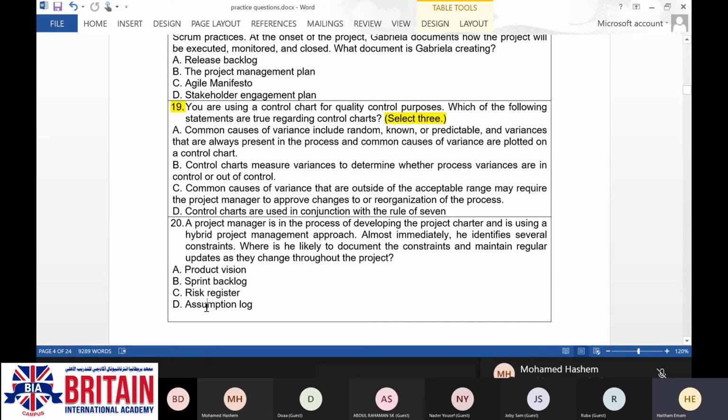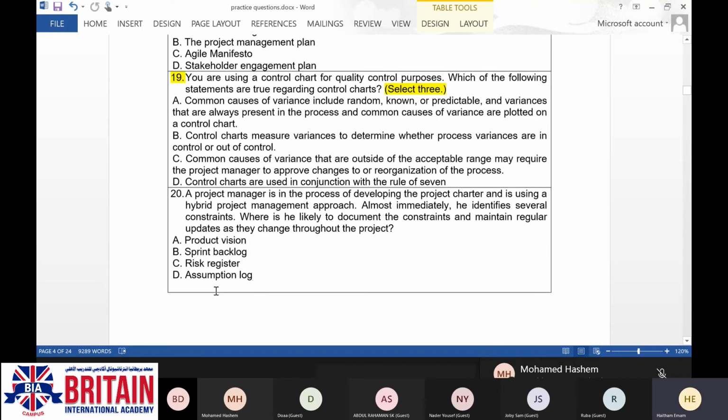So first of all, you need to register the assumptions and constraints in the assumptions log, and after that you are going to analyze these assumptions and constraints to update the risk register with the risks which you may find as an output of analyzing the assumptions and constraints. Is it clear right now, Ruba?